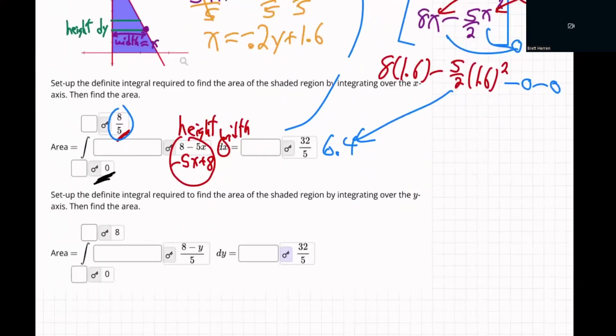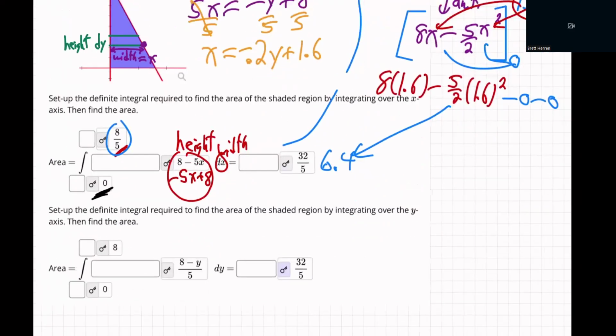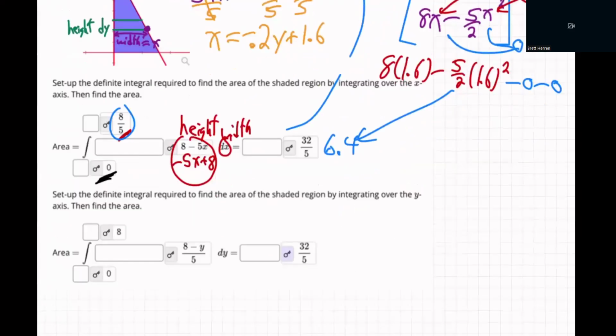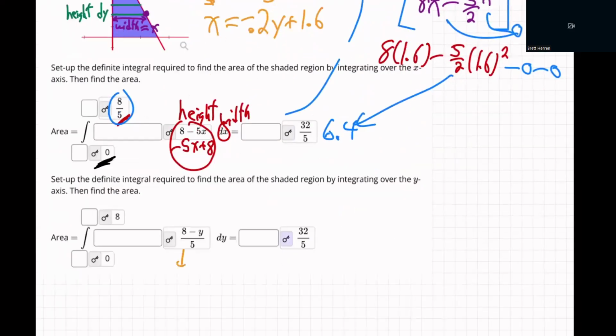So I'm going to put that down here. They wrote it differently, but I'm going to put this right here. Minus 0.2y plus 1.6. It's the same. If you took both these and divided by 5, you get the same thing. Times dy, because again, the dy is the height, and this is the width.